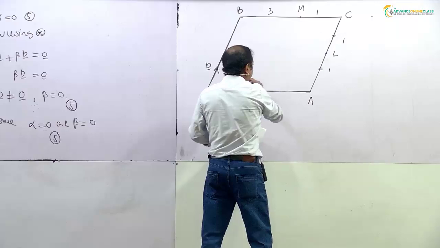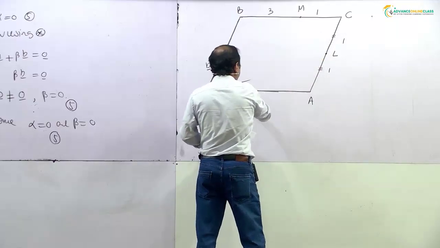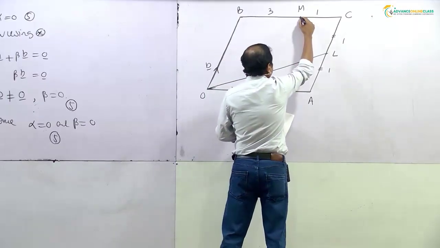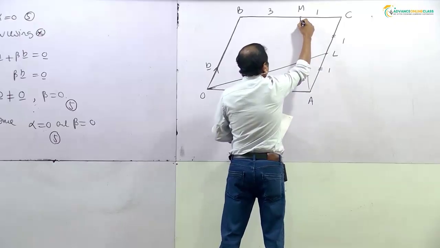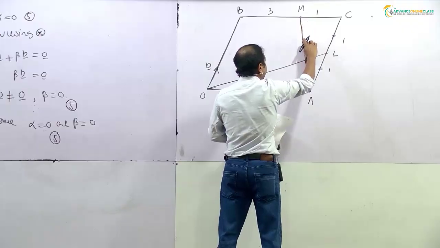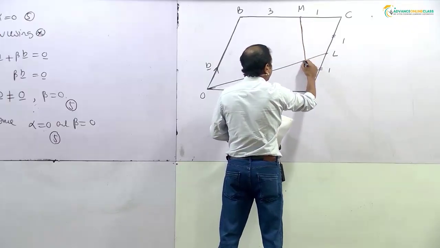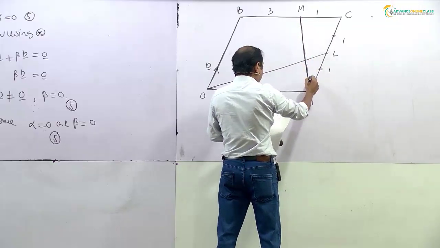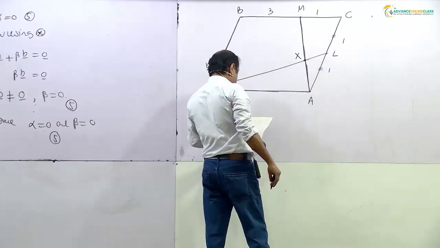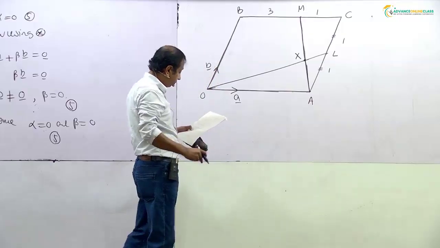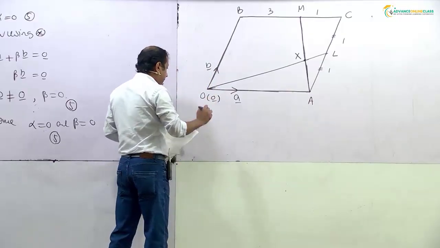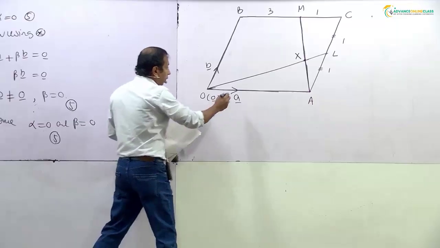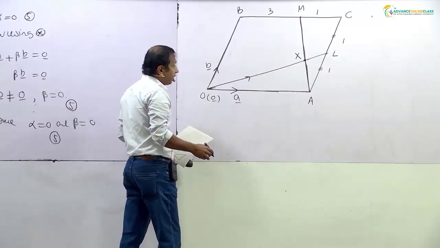OL and AM intersect at capital X. Here, 0 vector. Right. Now you can write for this diagram.